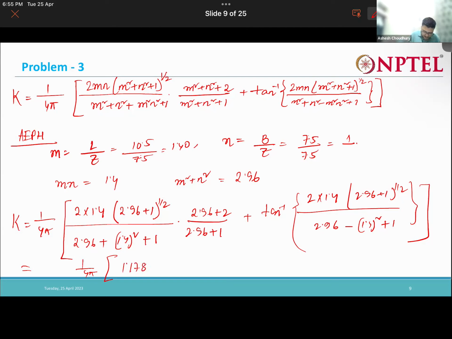0.17 plus tan inverse 2 into 1.4 into root 2.96, so 87.89 degrees, pi by 180 converts to radians, into 1 by 4 pi.